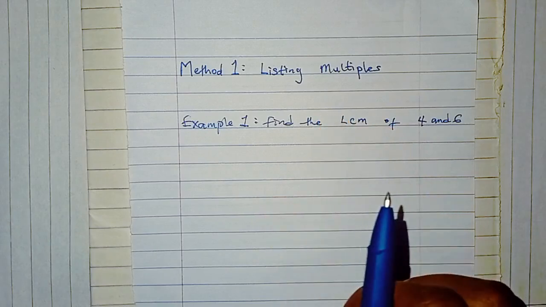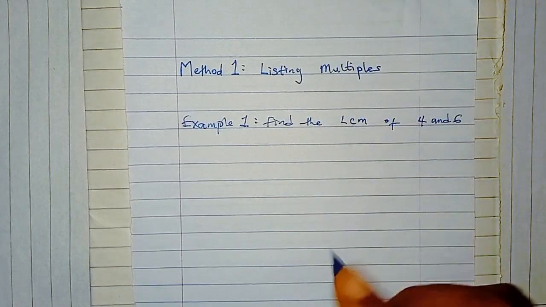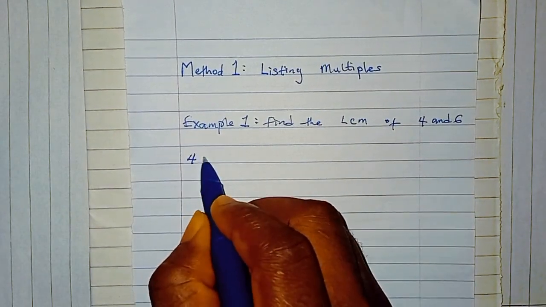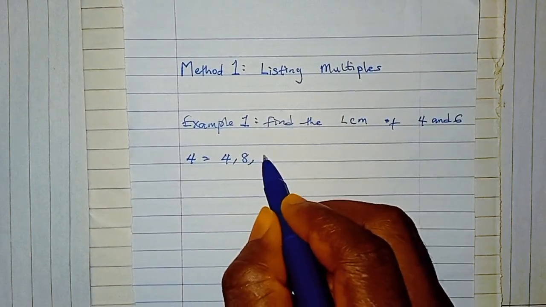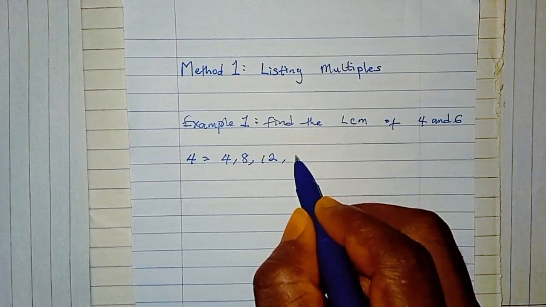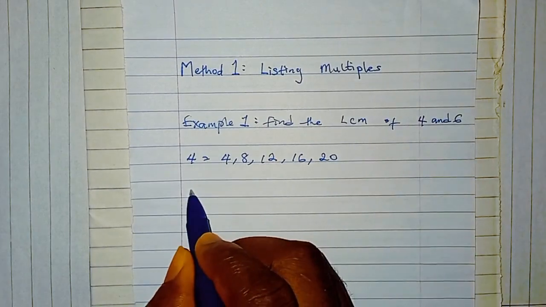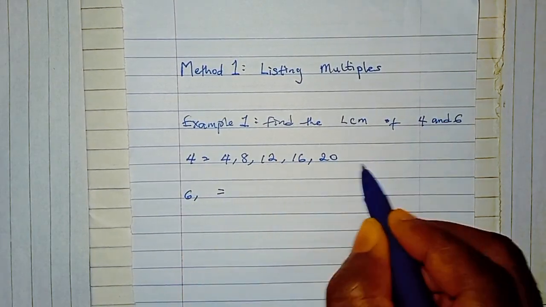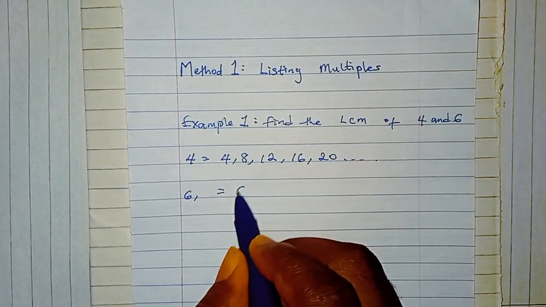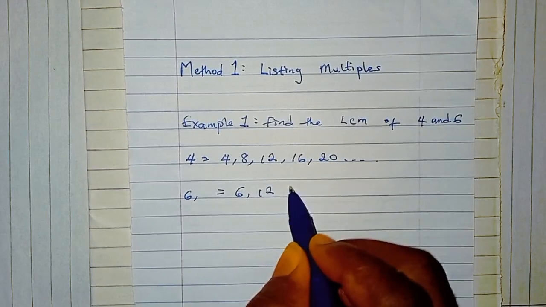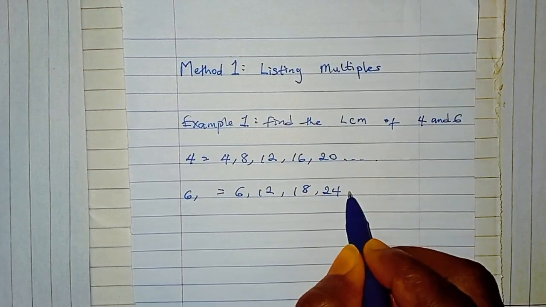We can use this method by first of all listing the multiples of 4. The multiples of 4 are 4, 8, 12, 16, 20, and so on, while the multiples of 6 are 6, 12, 18, 24, and so on.